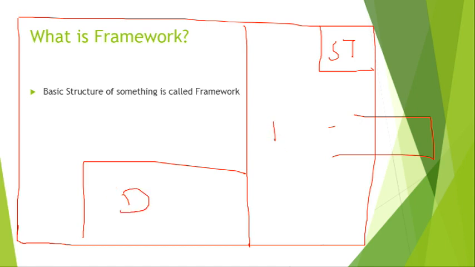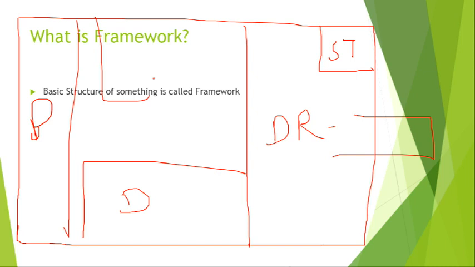And this is my bedroom, this is my cupboard, and these are my shelves. This is just an example I'm giving you. So there is a structure of my house where each component will exist.